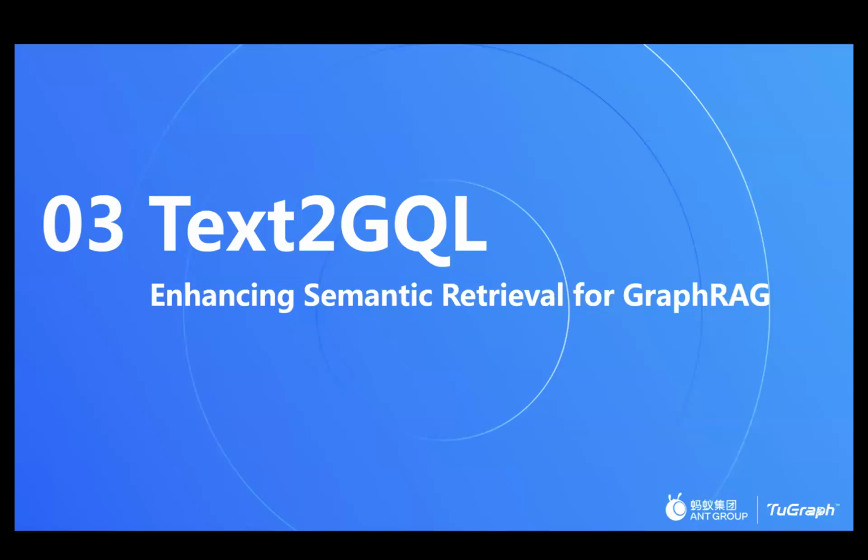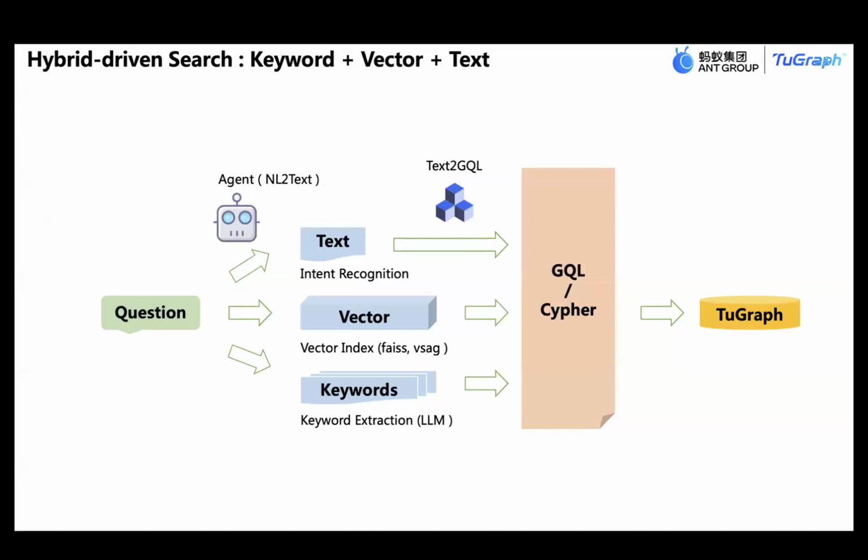The third part, I want to share the Text2GQL method, which can enhance the semantic retrieval of GraphRAG. In my opinion, we can build a hybrid-driven search method, which can be based on keyword-driven, vector-driven, or text-driven.